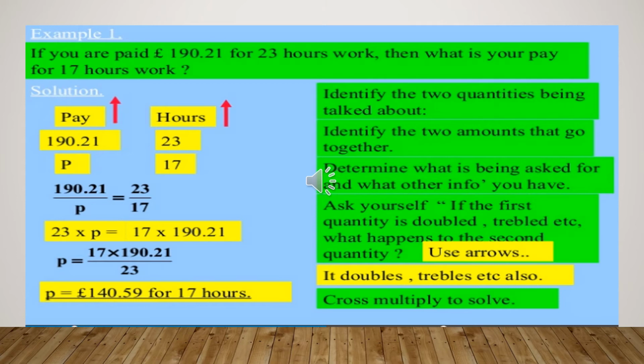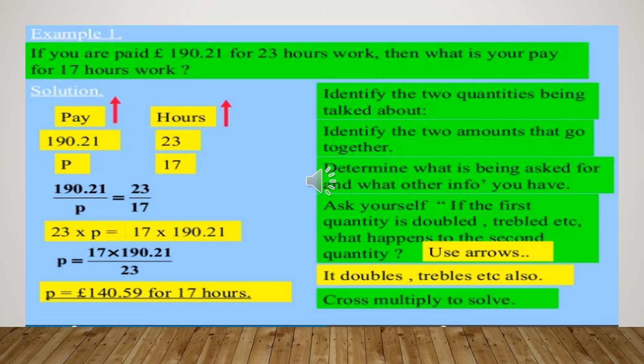On the left hand side it's written 190.21, that is for 23 hours, and we are unaware of the pay that a person will get for working 17 hours, so we will suppose that pay is equal to P. After that we just have to cross multiply and calculate P.